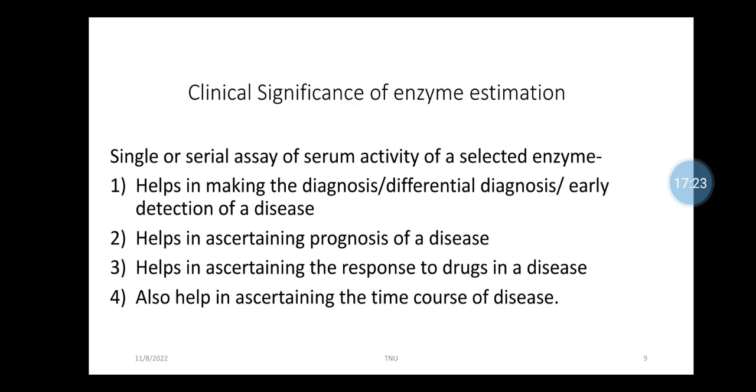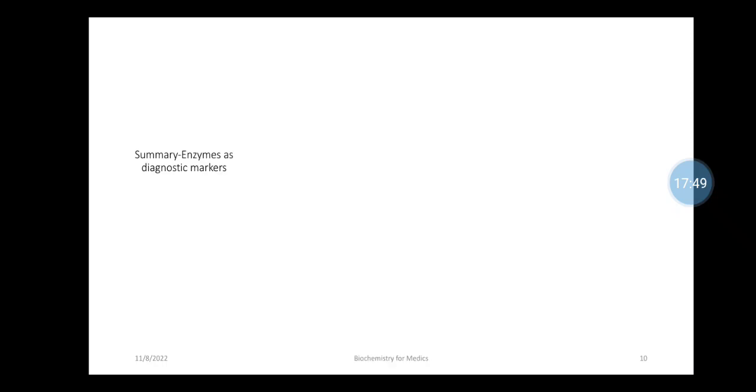That time course of disease can be determined by determination of the enzyme. It happens like when we have a myocardial infarction, at what time the attack took place. By determining some set of enzymes, it will give you some idea, a prediction, that the heart attack took place at a particular time.